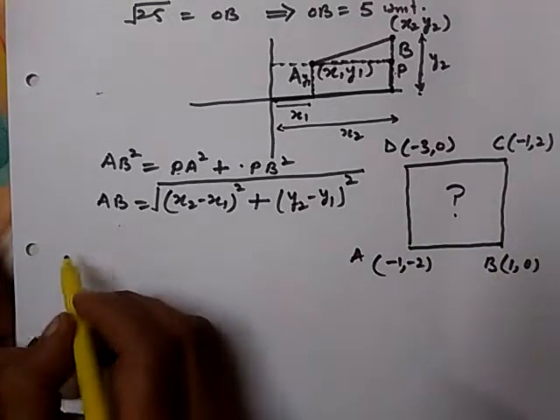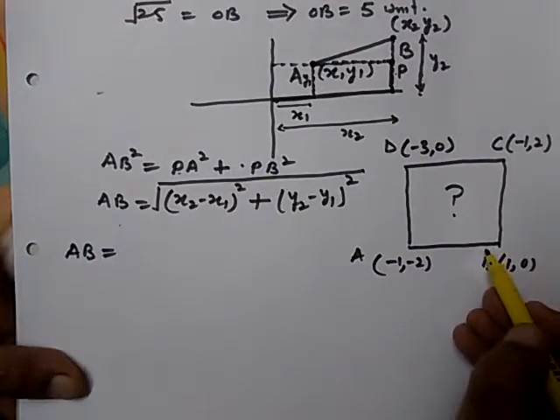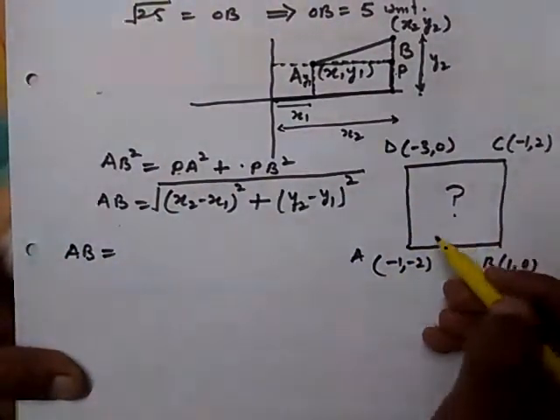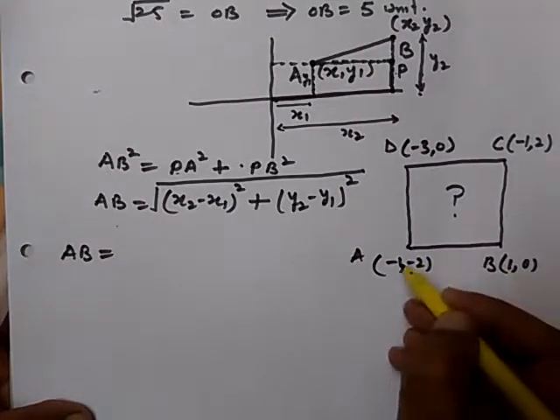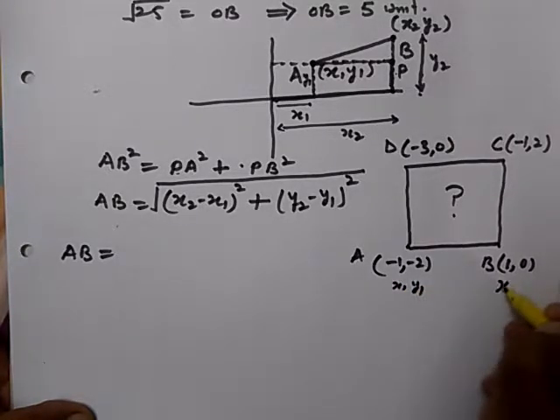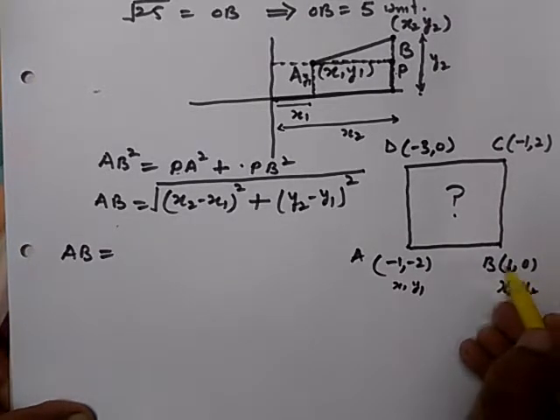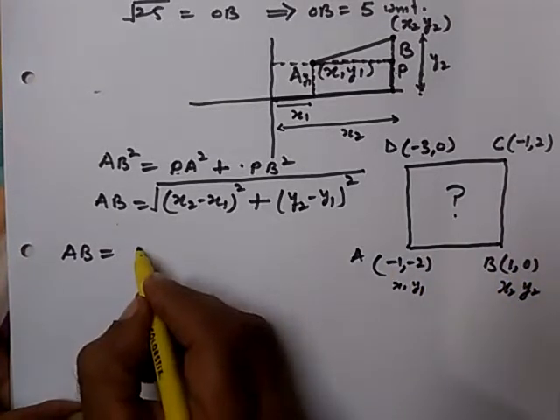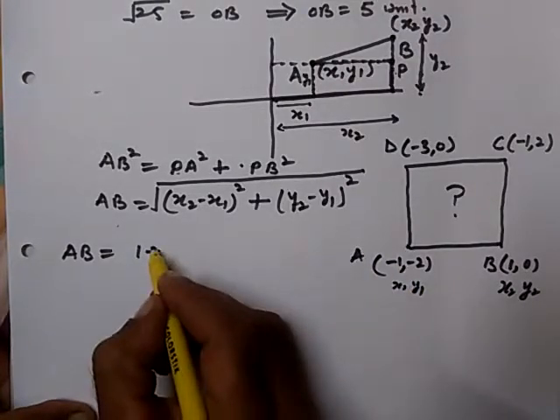Now let us find the length AB. You can use the distance formula that I have told you. For the time being, suppose that this is x1, y1, and this is x2, y2. Then x2 minus x1 is 1 minus 1. It is already minus, so it will become plus 1.